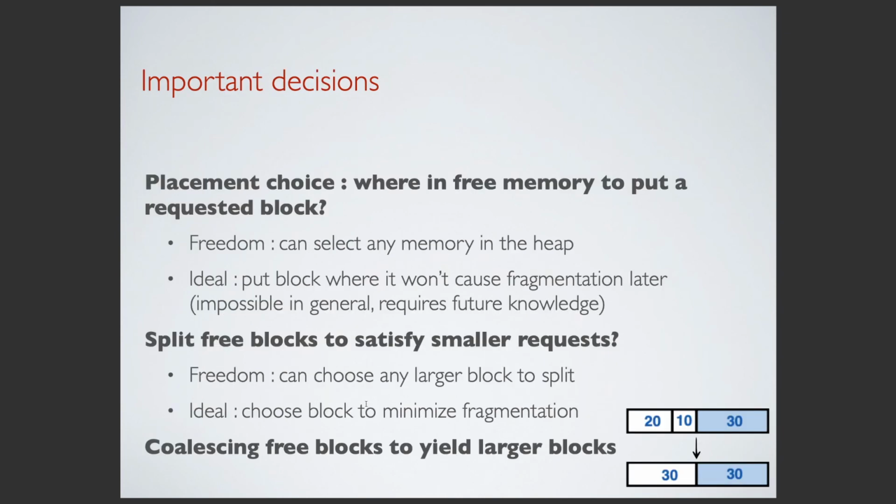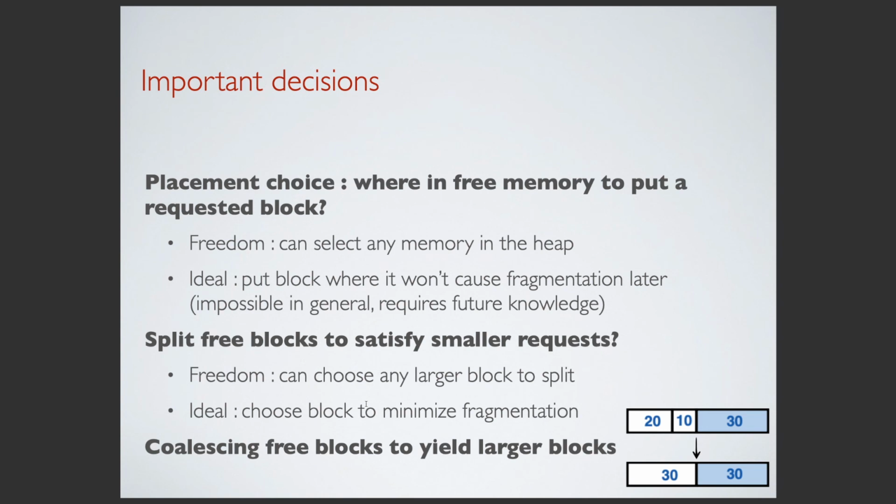Here we have to make important decisions about how we manage our memory. First, if you do a malloc, you need a block of a certain size. Where do you put it? You might say you want to put it anywhere in memory, but that's not ideal.